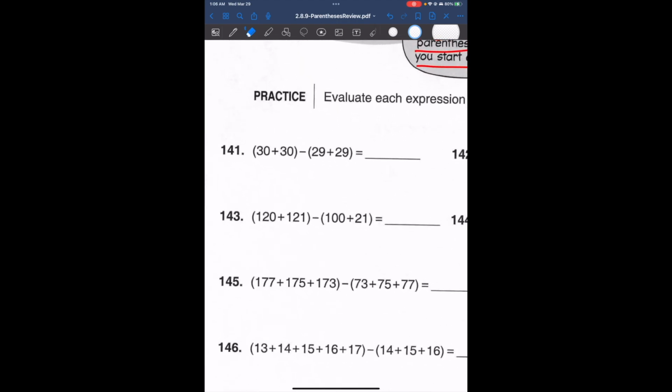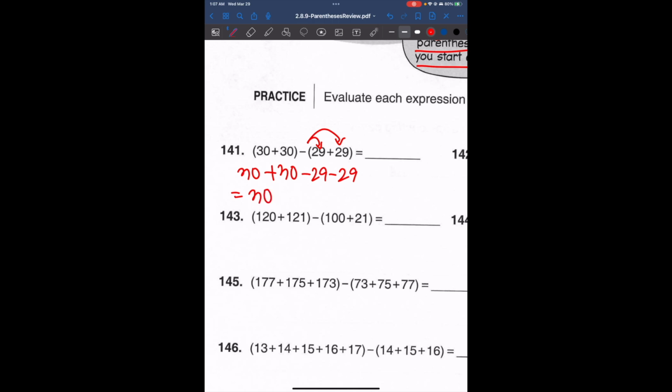We'll do problem 141. So 30 plus 30 is 60. And 29 plus, we can do that, but again, using what we just learned, distributing the negative sign, so that's basically 30 plus 30 minus 29 minus 29.